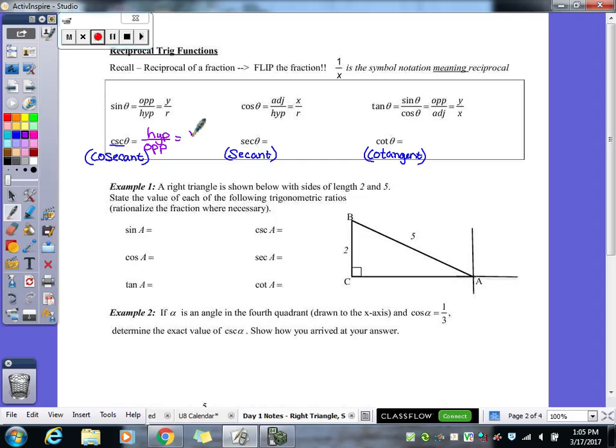If we were using the sides of that triangle on our last page, it would be the R side, which was your hypotenuse, over your Y. Secant, which is the reciprocal of cosine, would then be hypotenuse over adjacent, which would be R over X. So under what circumstances do you do hypotenuse over opposite? If they ask you for the cosecant.